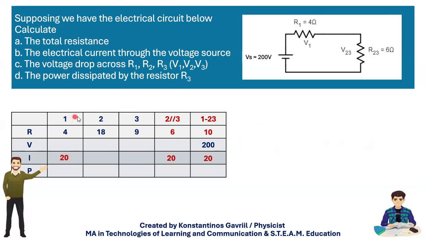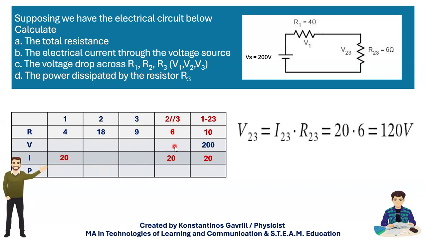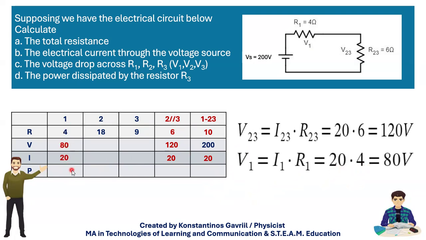You see, R1 and 2, 3 have the same value of current. So here again, I have two of the three cells that I need, and I will find the third one. It's a game. V23 is 6 times 20, so I get 120 volts. Here for the V1, 4 times 20 gives me 80 volts. And that's all for now.